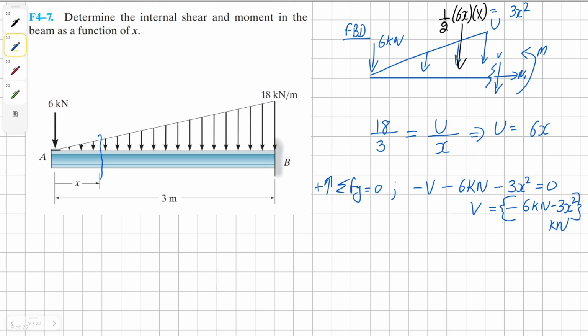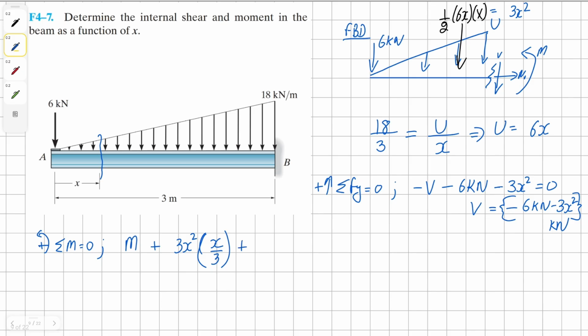Similarly, to find our moment at x, we're going to have to sum the moments at our cut. So by using the moment equation, we're going to have our unknown moment, positive, and we can have positive 3x squared, and it's x divided by 3 meters away.